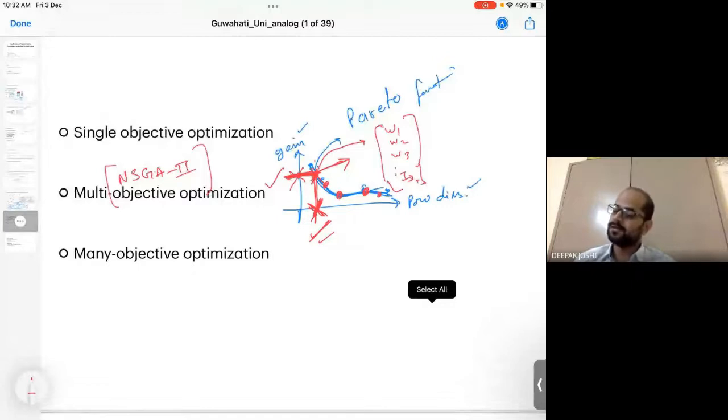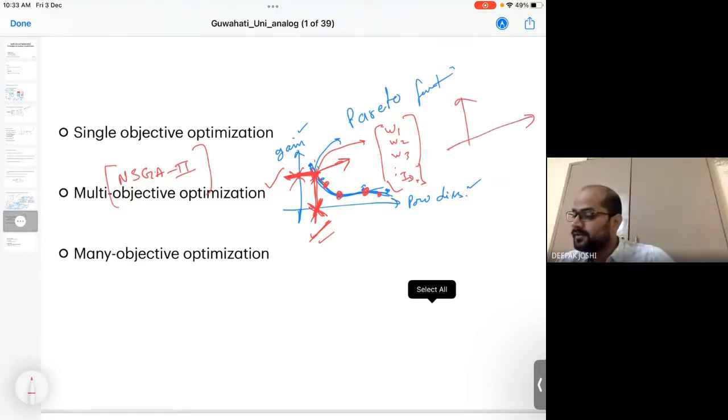Okay, so what happens is that they take two constraints. In the case of, let us say, a low noise amplifier, what we experimented with during my PhD research was taking noise figure at one end and gain at the other end.